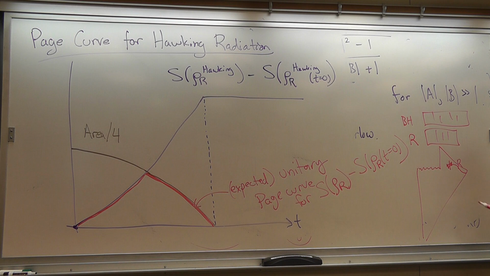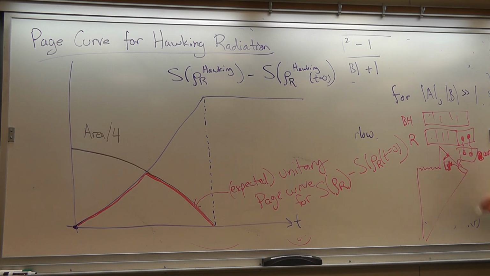Okay, so the more realistic model has the black hole, the Hawking radiation, and a bunch of entanglement between the radiation and some additional system, call it aux, which is like this region here.